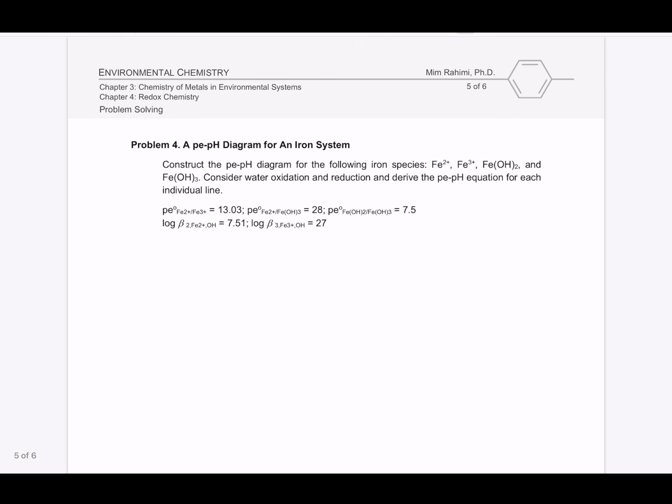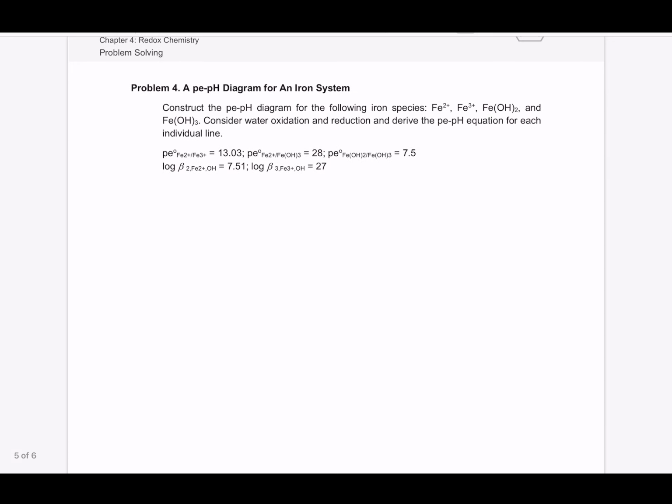So let's move to the last problem on a PE-pH diagram. This is a similar question we had in homework 4, the last question of the homework, where we were asked to construct the PE-pH diagram. As I mentioned in the class, this is a great diagram that we can use for determining what species is dominant at a given PE and pH.